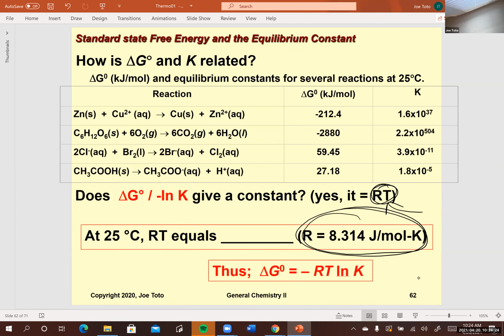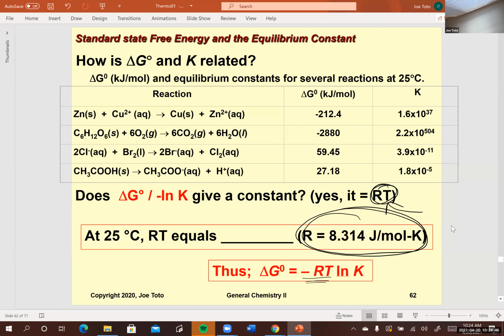So I went and found some specific delta G values and equilibrium constant values.